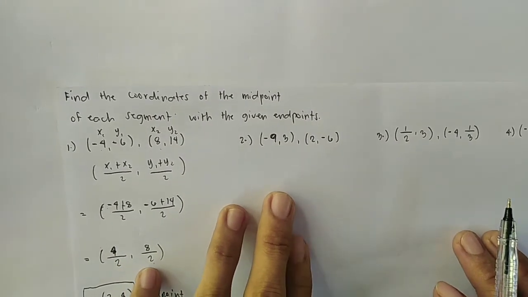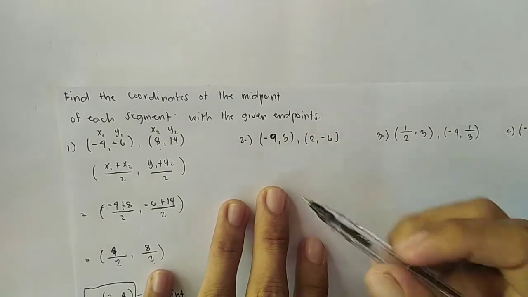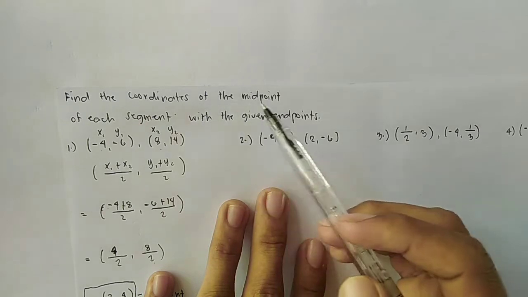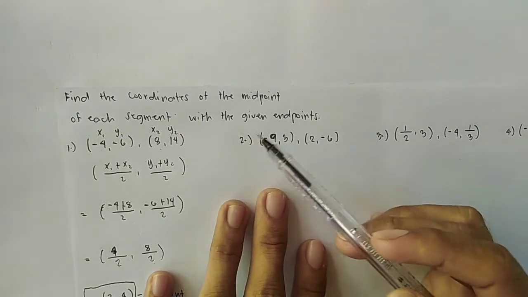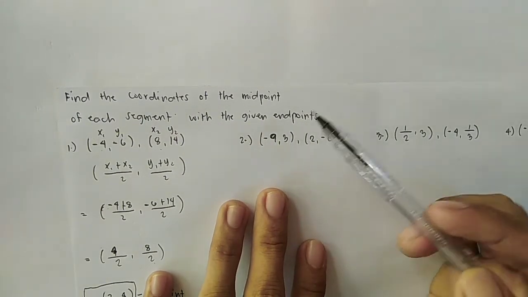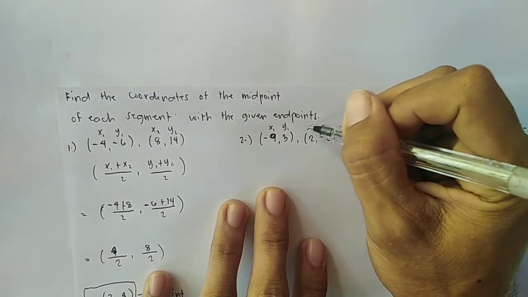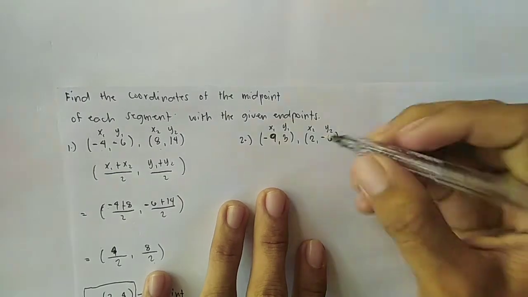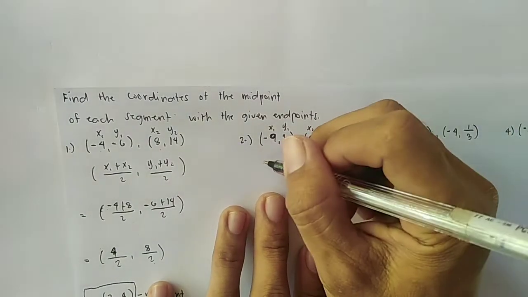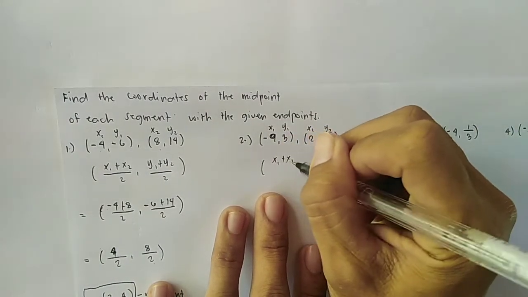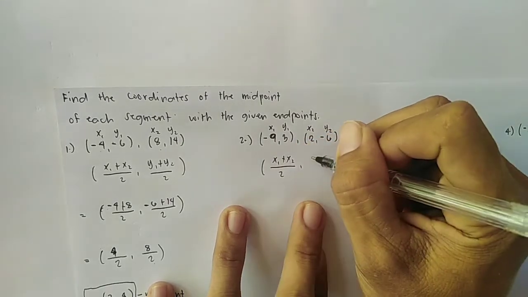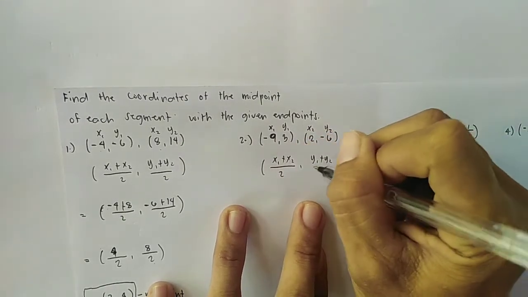We have here -9. The same thing that we're going to do, we have to find the coordinates of the midpoint of each segment with the given endpoints. These are the given endpoints for number 2. Identify first which is our x sub 1, y sub 1, x sub 2, y sub 2. Using the midpoint formula, x sub 1 plus x sub 2 over 2, then y sub 1 plus y sub 2 over 2.